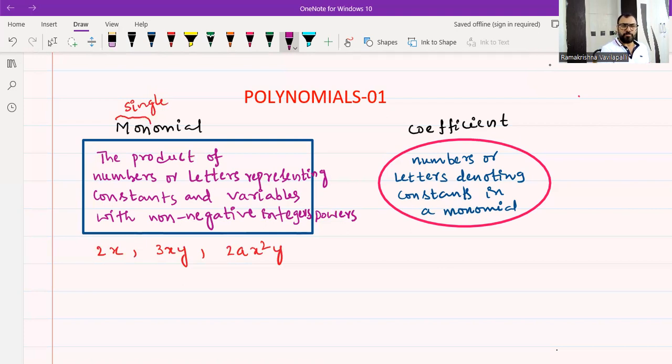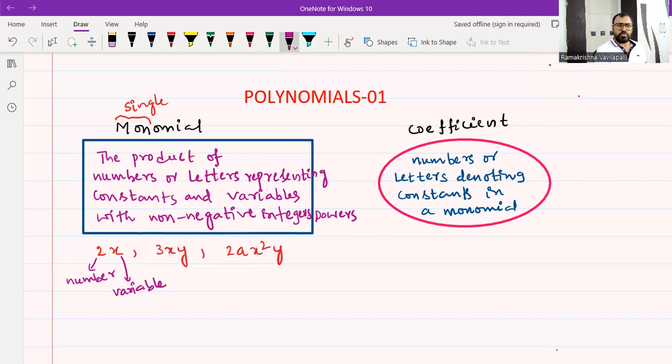So here you see the product of numbers. So this is a number. x is a variable. That's it. So this is a monomial, meaning only single.